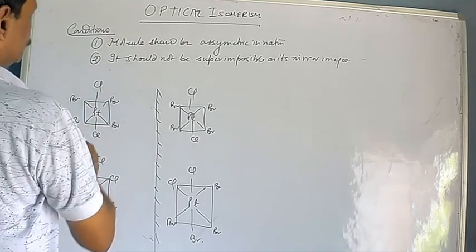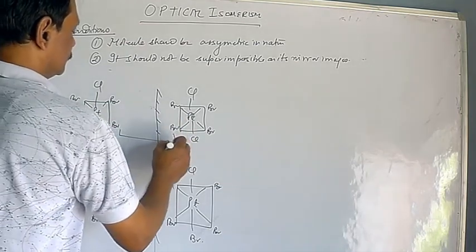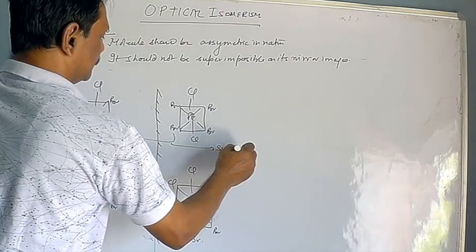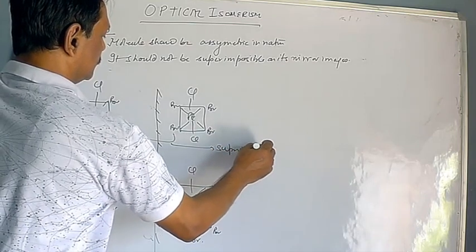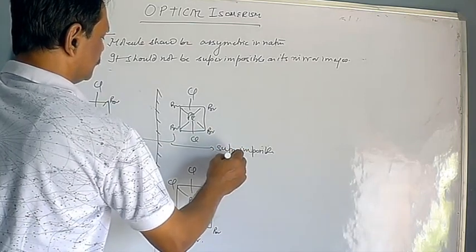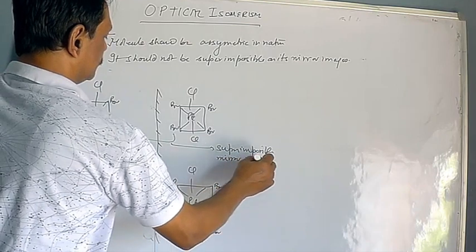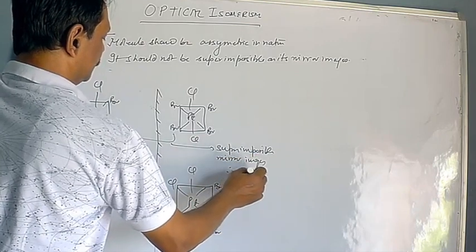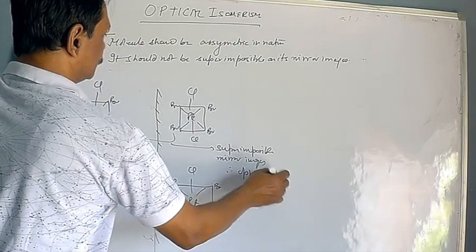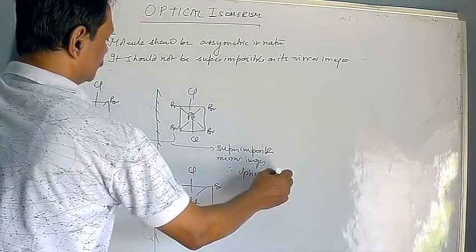So we get superimposable mirror images, therefore optically inactive because it should not be superimposed.